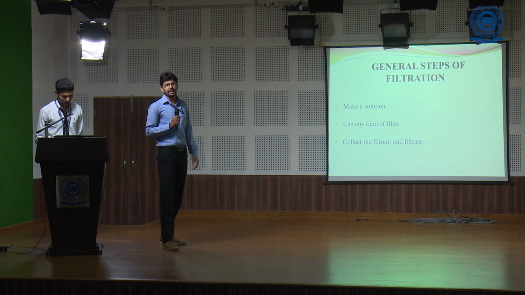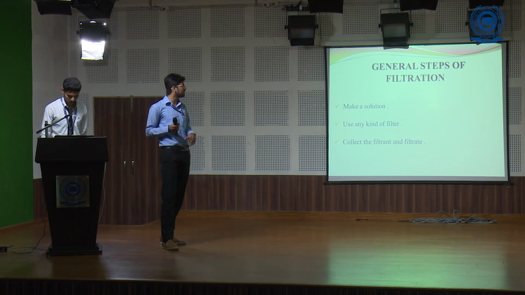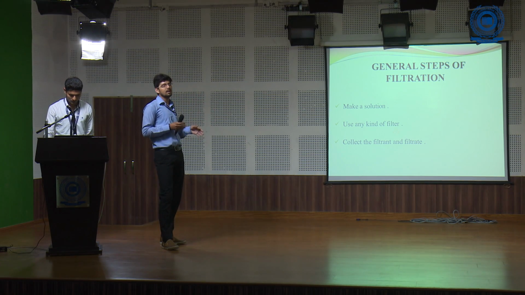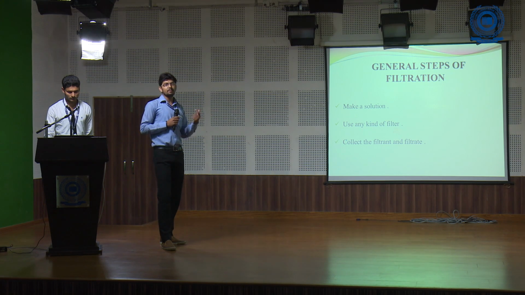General steps for filtration. For any type of filtration process, these steps are similar. Make a solution; if the mixture is present in solid form and not in liquid form, then make the solution.